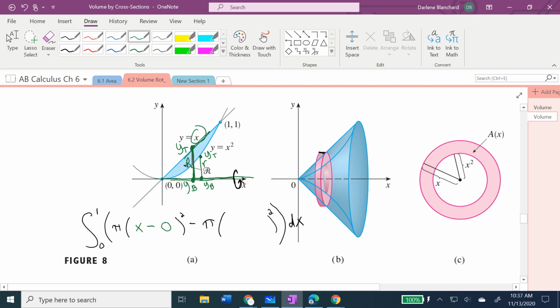The inner radius, the top y is x squared, and the bottom y is 0. It is completely set up. From there, it's just a matter of simplifying correctly and integrating correctly.